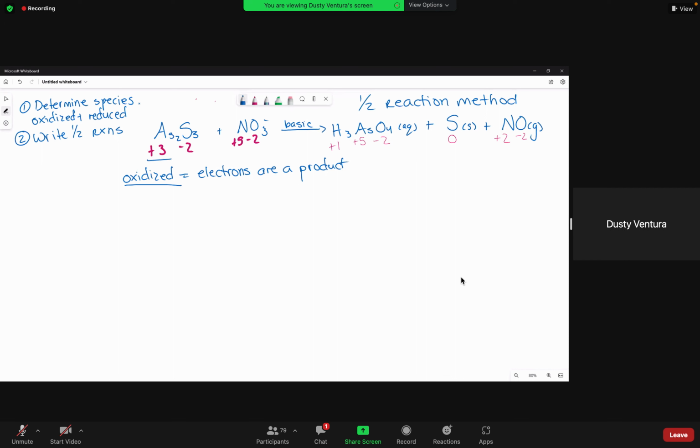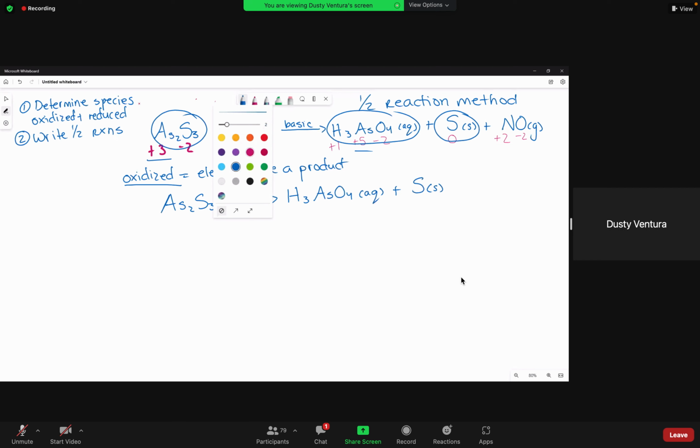He went from 3 to 5. So you bring down everybody that he's attached to. Sometimes things will break up into more than one thing. Sulfur is in its elemental form on the other side as the product, so we need that as well. We include sulfur because sulfur used to be attached to As. So everything comes over.